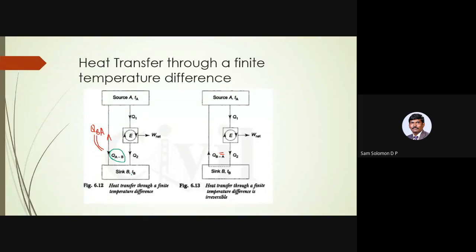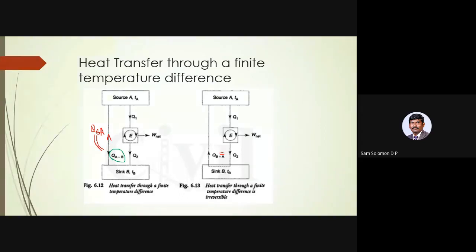Now what I am saying is I am going to reverse this heat transfer, which means I have sent QAB amount of heat from temperature TA to TB. Whatever heat has been transferred from A to B, let me take it back to A. So QBA has to be taken back to the source.